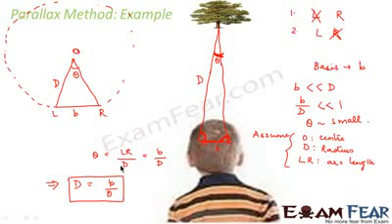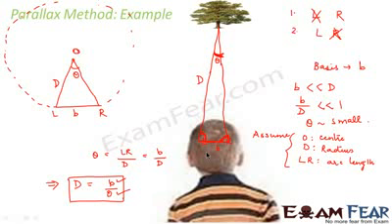Right? So once you know the basis and the theta, you can very easily calculate the distance of the tree from Ronnie. So that is how we apply parallax method for calculations of distant objects' distances.